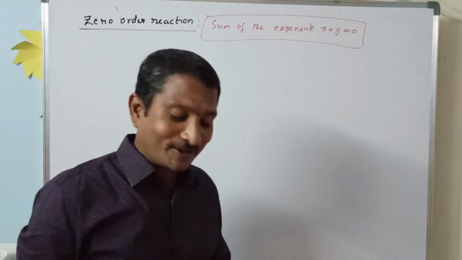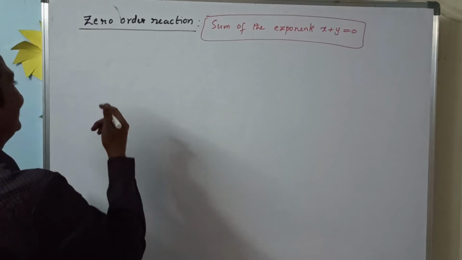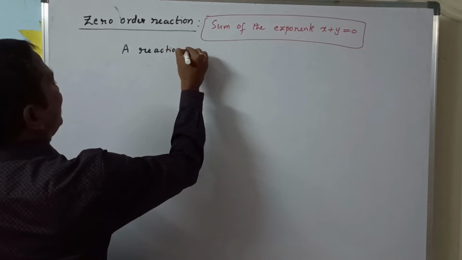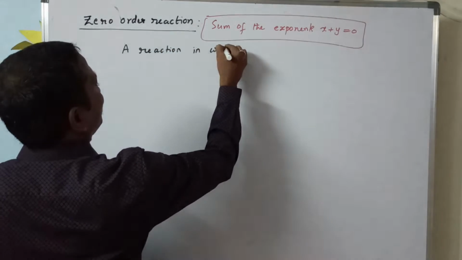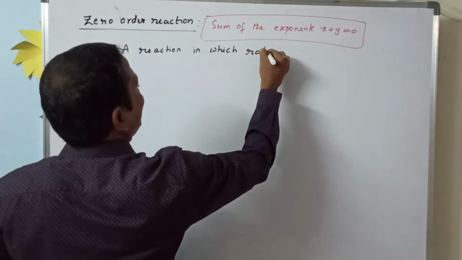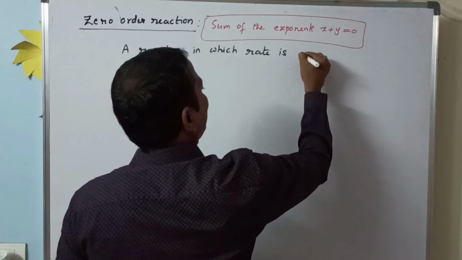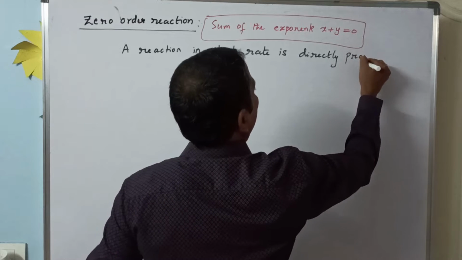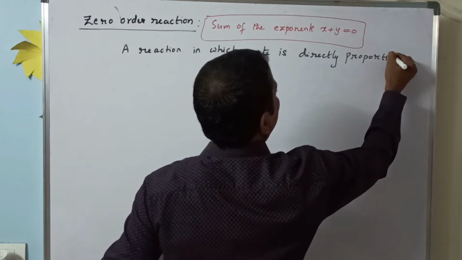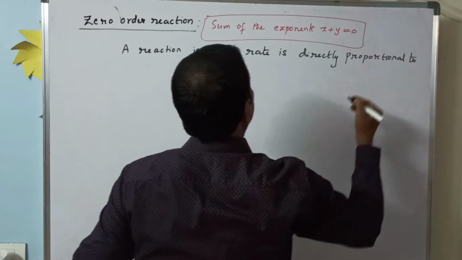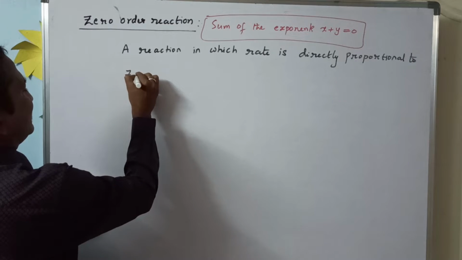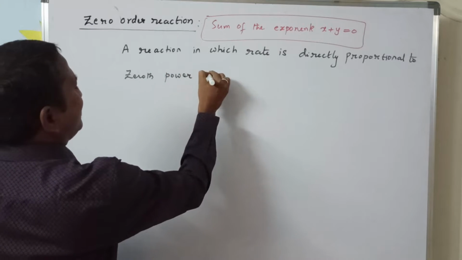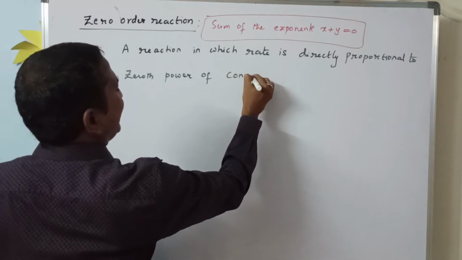How can we define zero order reaction? See how I am defining it: a reaction in which rate is directly proportional to zeroth power of concentration of reactant.